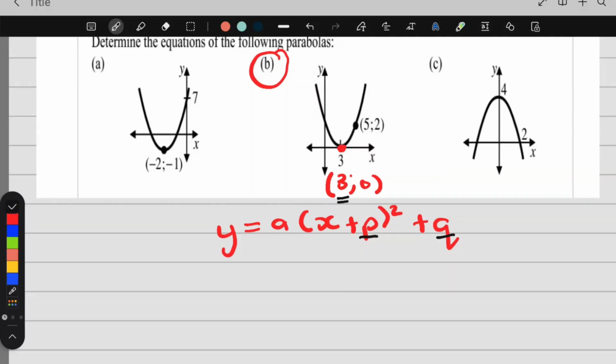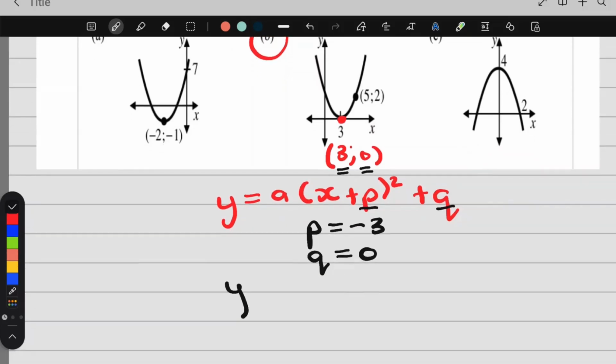P is this number over there, the x value of the turning point. And Q is the y value of the turning point. So P is the x value of the turning point, but the opposite sign. So if it's 3, P becomes -3. Q is the y value of the turning point, and it doesn't change signs. So if it's 0, it stays 0.